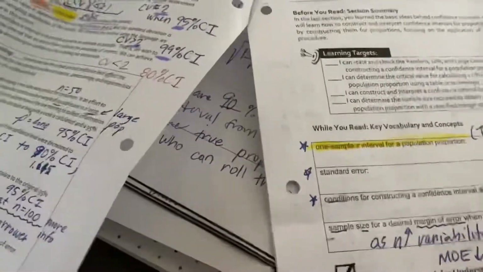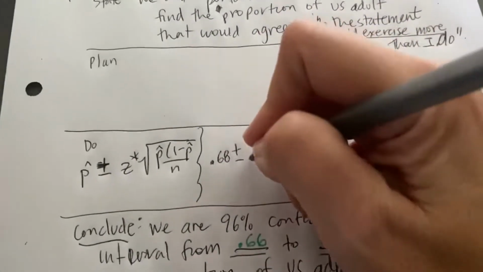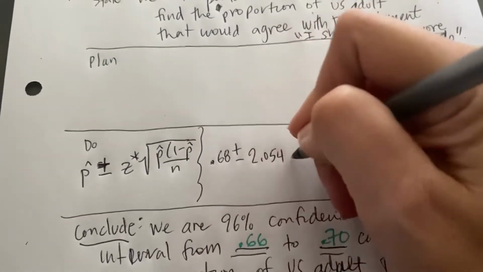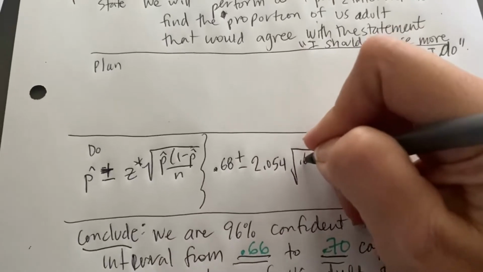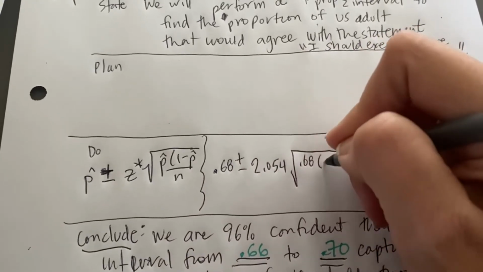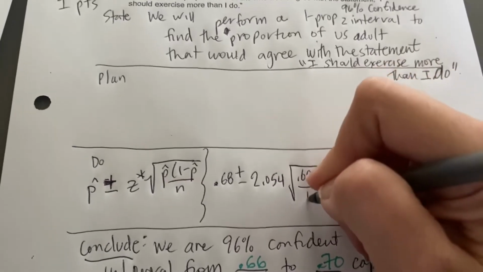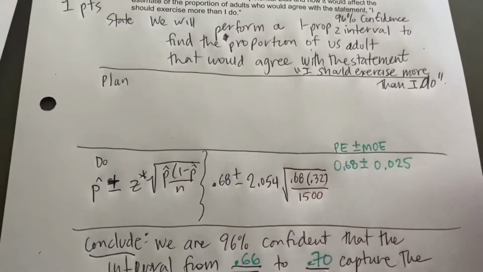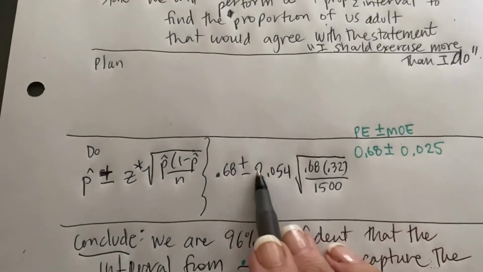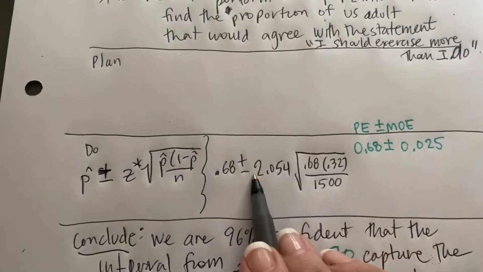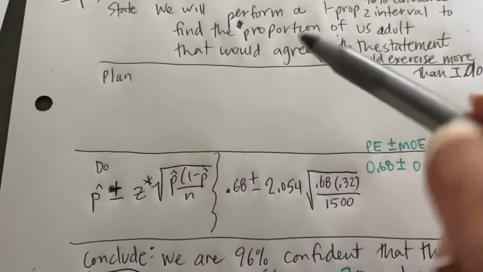Okay, 2.054 is what I'm going to use. And then this is 0.68. So 1 minus 0.68 would be 0.32 over, I talked to 1,500 people. All right, now the calculator did all that and says all that is equal to that.